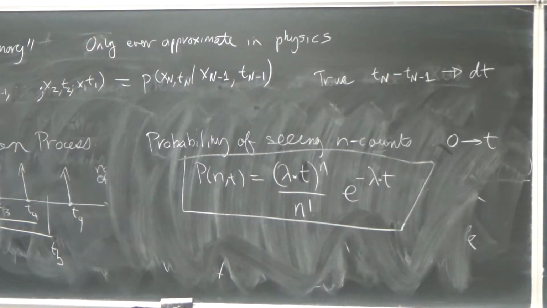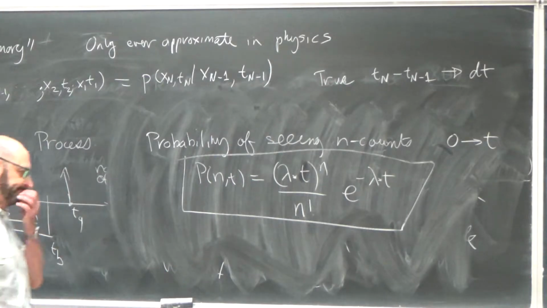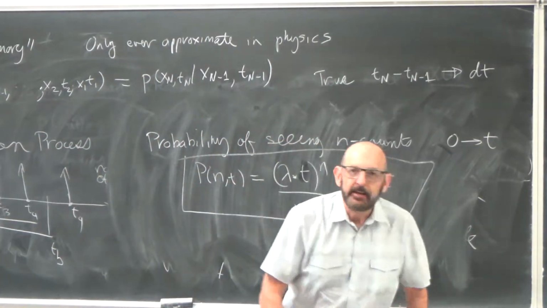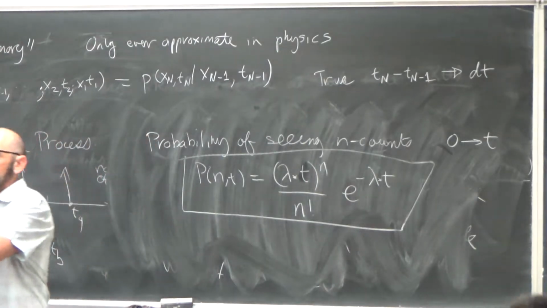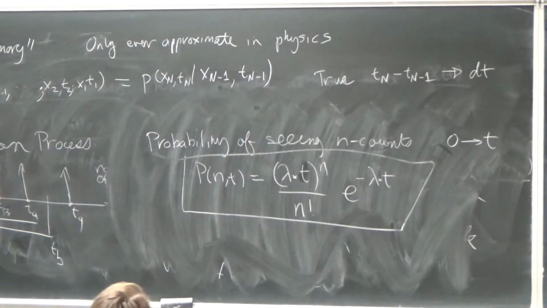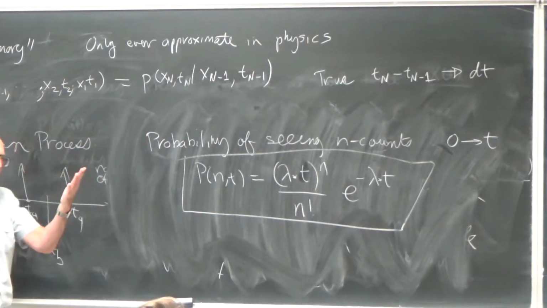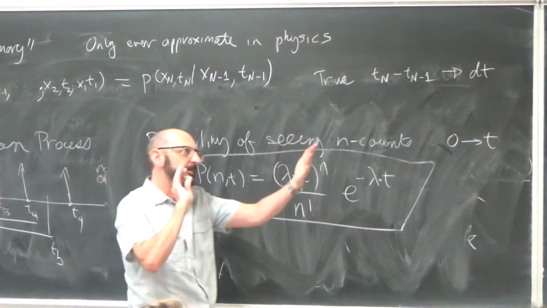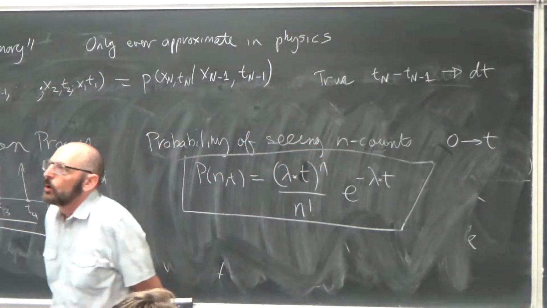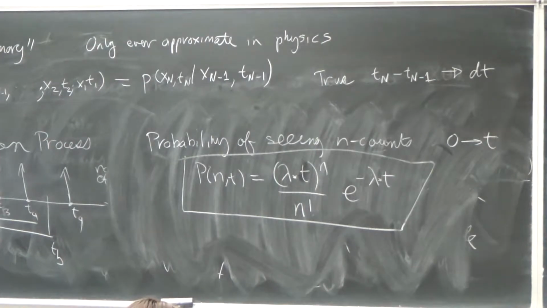All right? So now I ask you the following question. If I have this detector and I wait for a certain amount of time from time equals 0 to t, what's the average number of counts I'll get? Lambda times t, right?